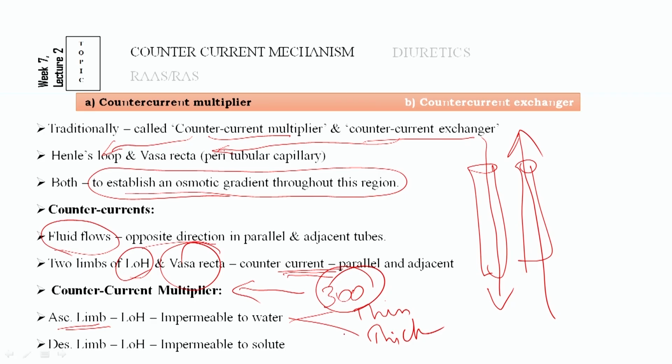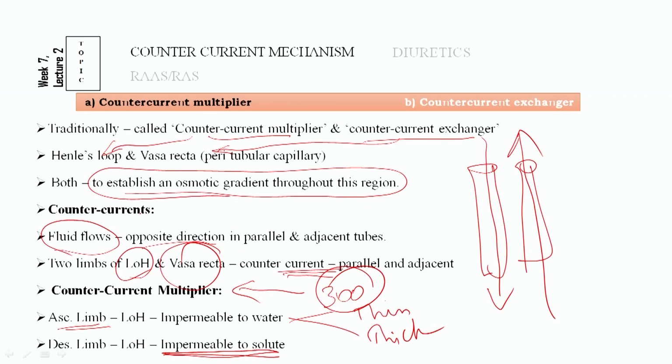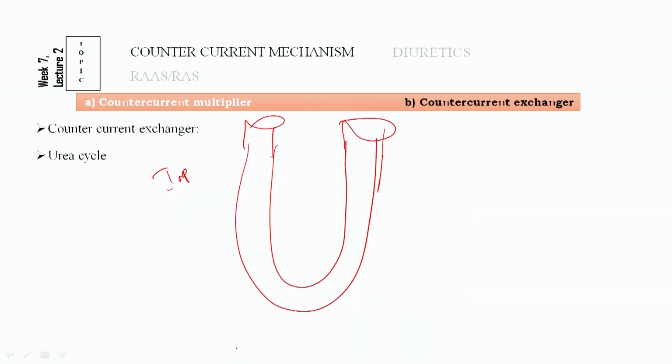Always remember this law in the countercurrent mechanism: the descending limb is impermeable to solute, whereas the ascending limb is impermeable to water.